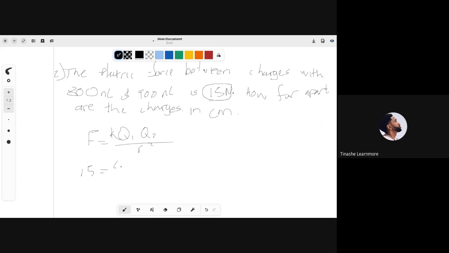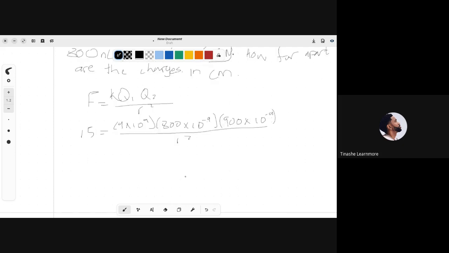For K, I've got 9 times 10 to the ninth. For the charges, I'm going to have 800 times 10 to the negative 9, and 900 times 10 to the negative 9. Then essentially, I'm going to find r squared.